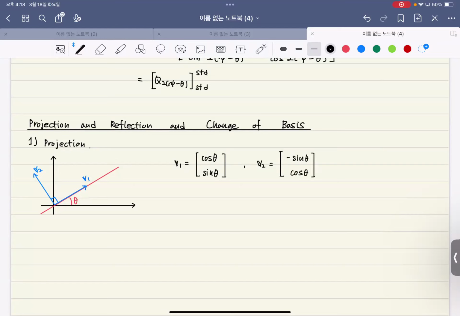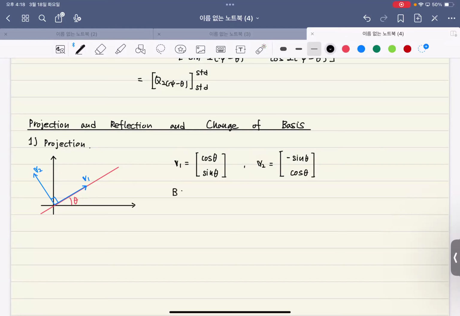Okay. So I have chosen these two vectors. And are they linearly independent? Yeah, clearly they are linearly independent. Therefore, V1 and V2 form a basis of the entire space R2.